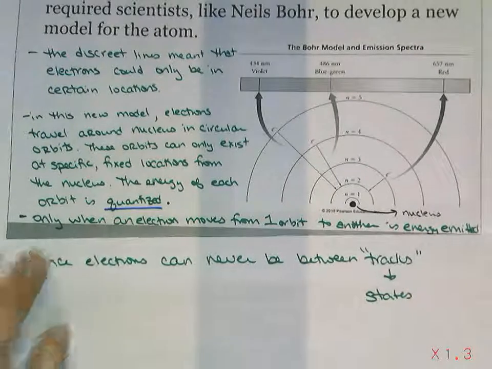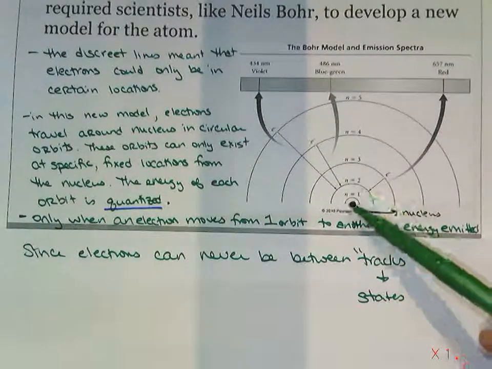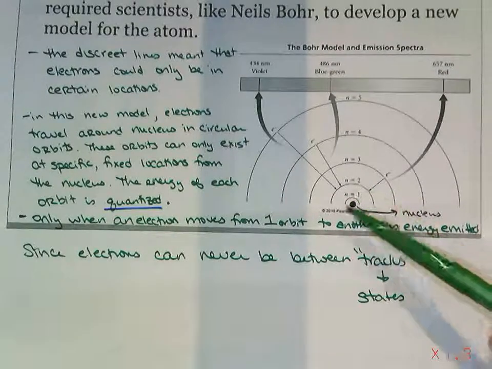And we call those tracks, in science, states. Whoever picked the nomenclature decided to call them states. So I can't be between states. I can only be in one or another.